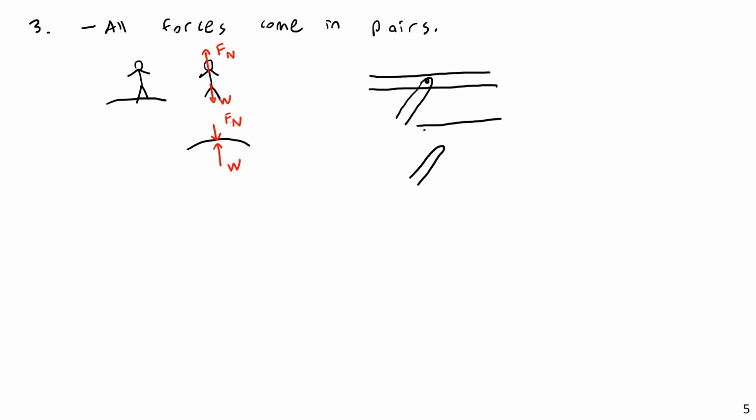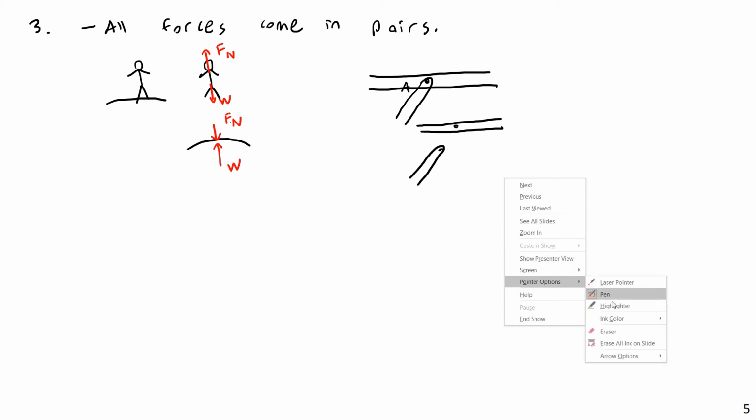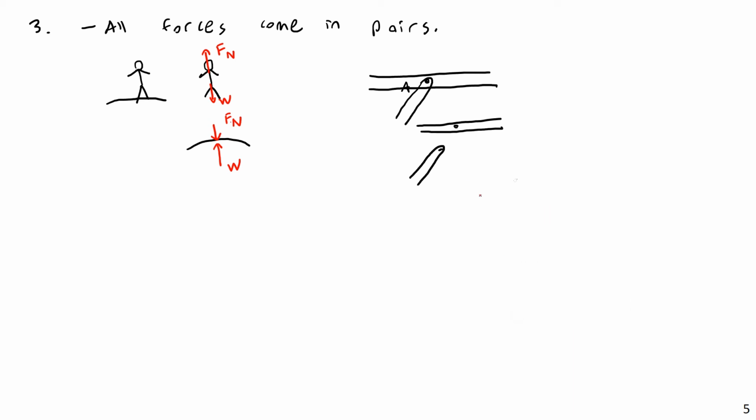So if I were to draw this as two separated objects, let's call this joint A, for example. I might have an AX, and in turn an AX, an AY, and a matching, actually, sorry, I'm drawing this on the wrong diagram.